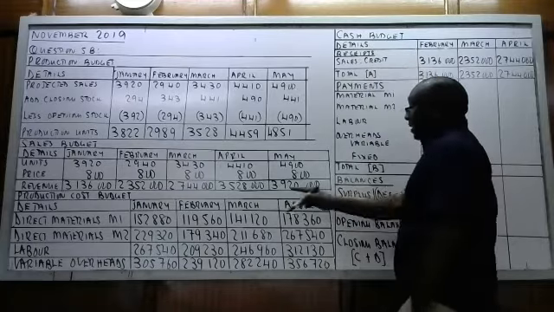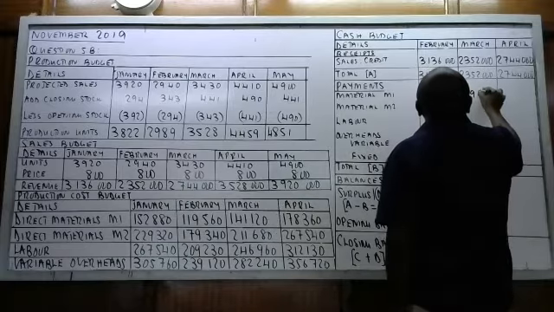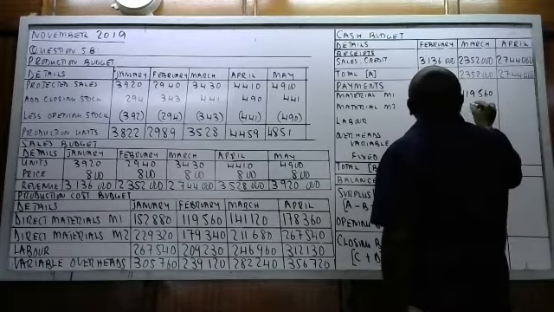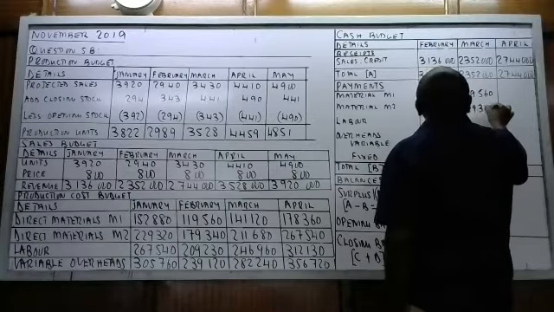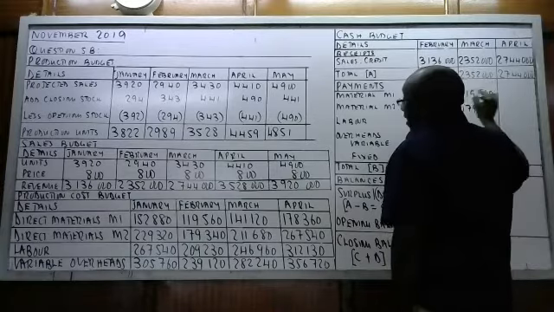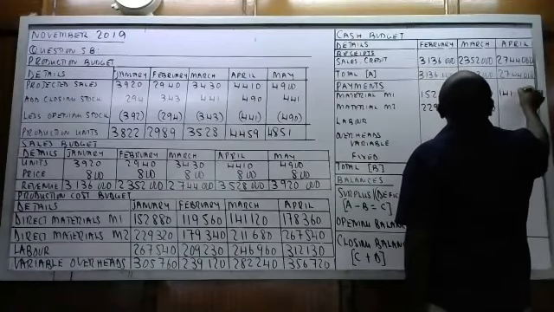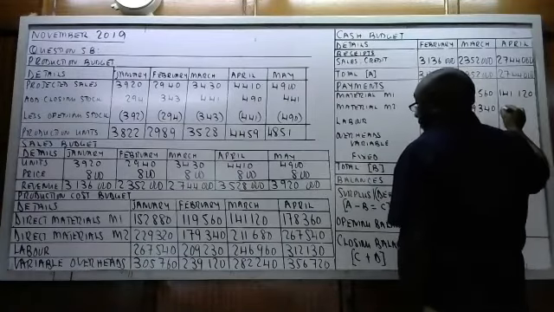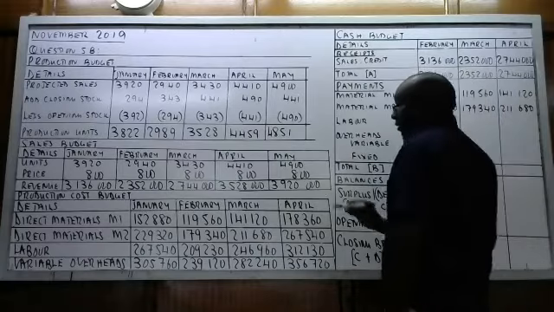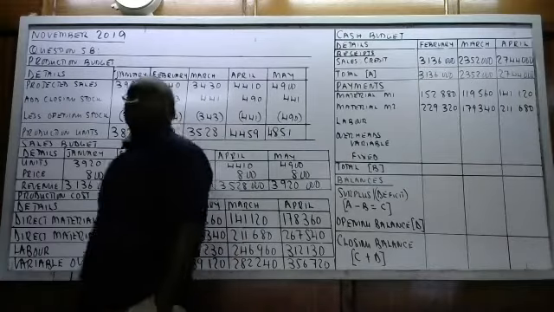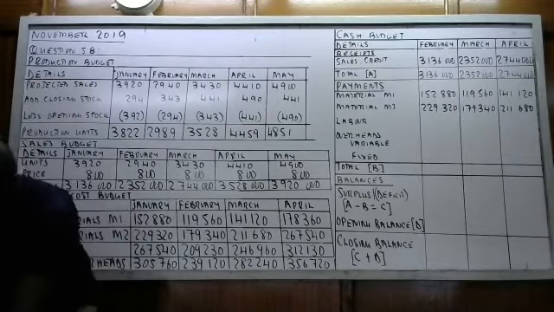Tukiwa March tunalipa za Februari 119,560. 179,340. Tukiwa April tunalipa za March 141,120 and 211,680. So that is how we pay for the materials.